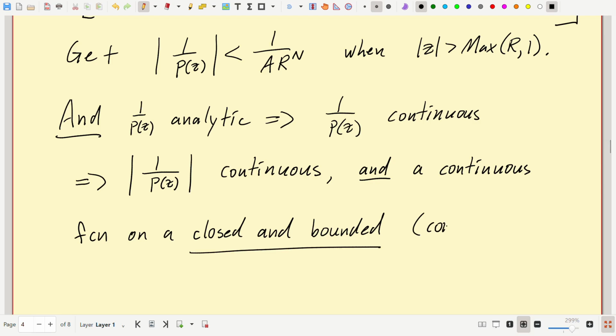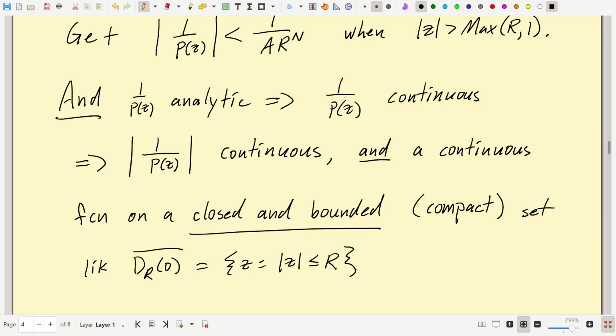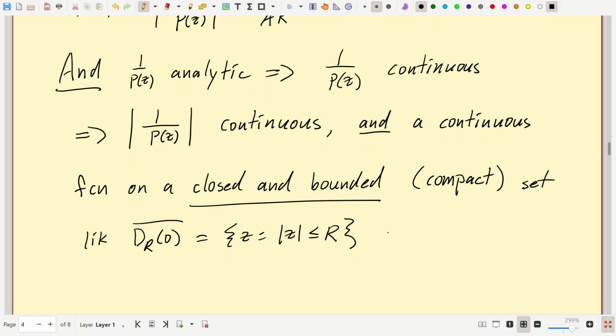The word for that is compact set, like the closed disk of radius r about 0. So that's the set of z such that mod z is less than or equal to r. It attains its maximum.